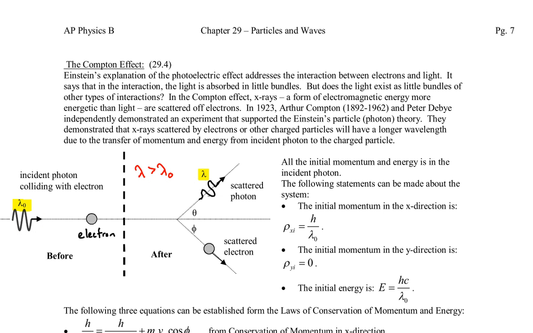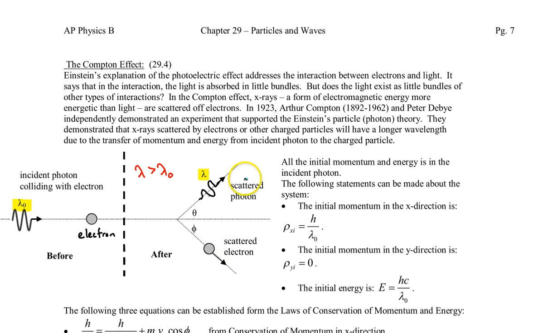And remember, classically, we expected that the two wavelengths and frequencies would be the same for the incident and scattered photon. Well, why is this wavelength different? Well, the reason is that some of the energy of this incident photon is lost and transferred to the scattered electron, picking up kinetic energy.